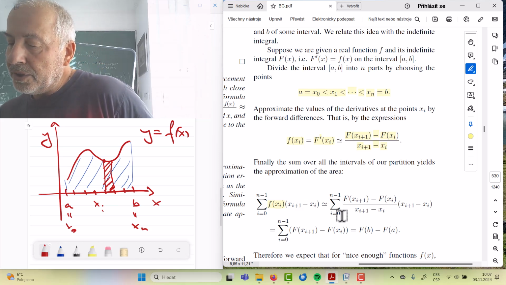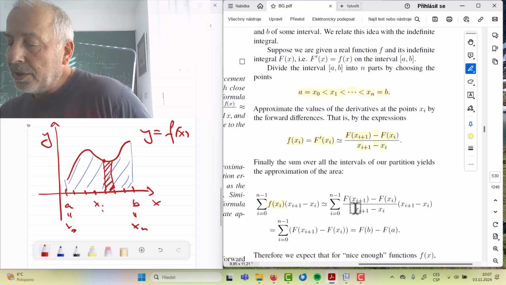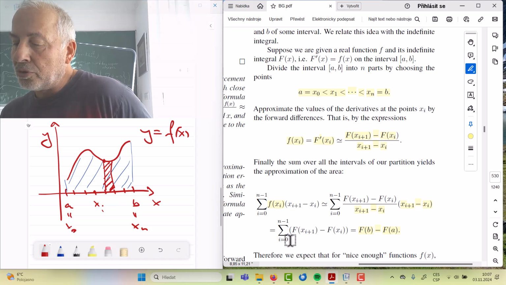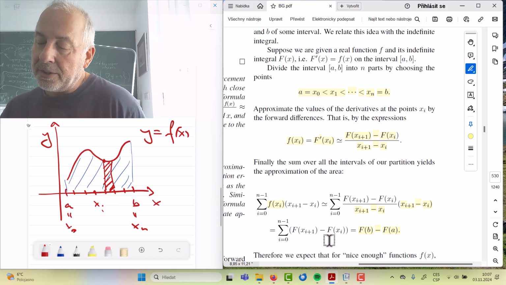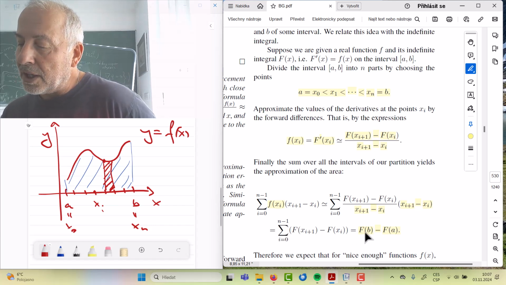And then you see I have to add these particular n intervals. These two guys cancel each other, and so that's a telescopic sum, so it's always just added and subtracted, except the first one, which is F(a), and the last one F(b).